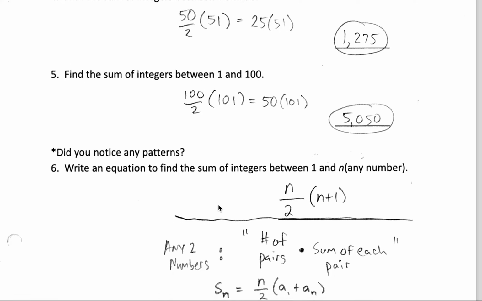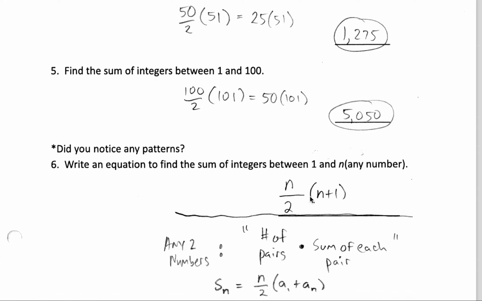So to find the sum of integers between 1 and any number, essentially is just taking the number of terms, divided in half, gives you the number of pairs. And your total number plus 1 is going to tell you the sum of each of those pairs.